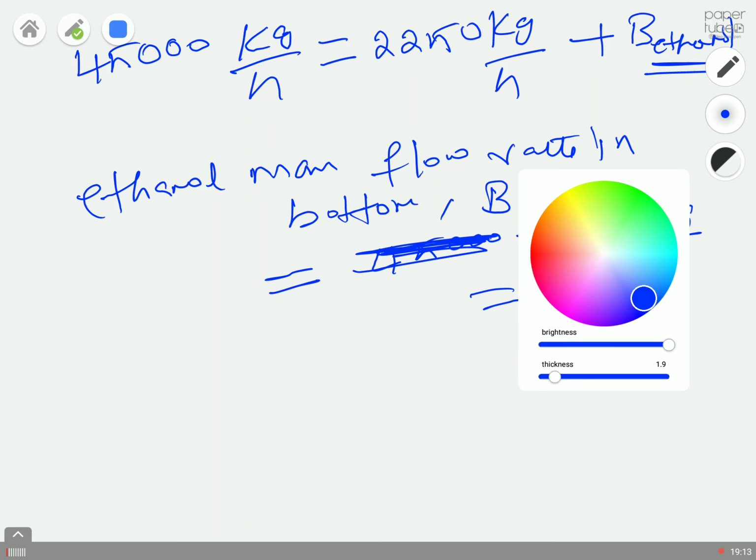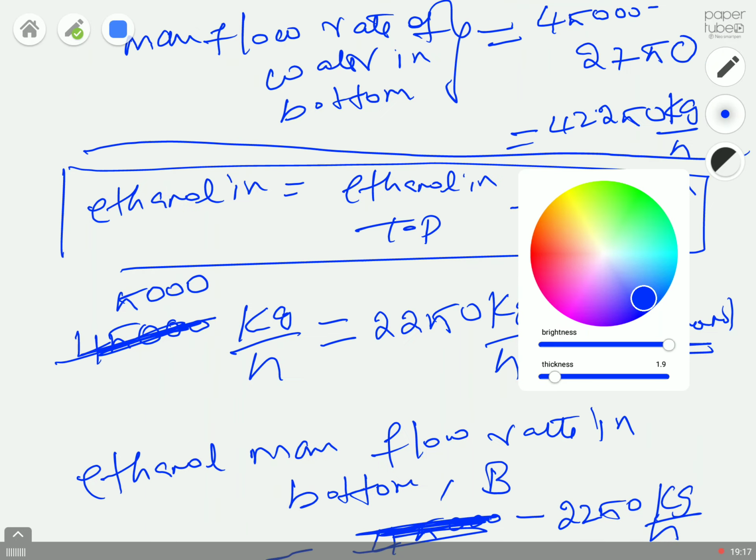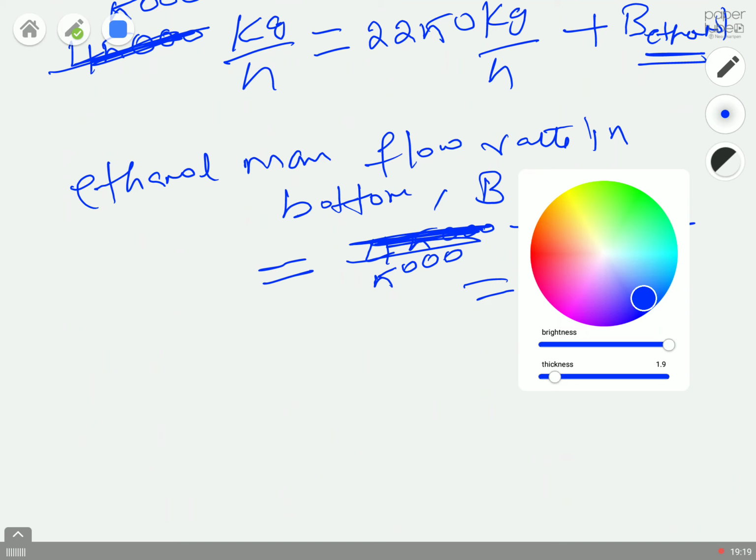Your ethanol content is just 5,000. So that's equal to 5,000 minus 2250. This should be equal to 2750 kilograms per hour. So what I asked is what's the mass of ethanol that you lose in the bottom. So it's equal to 2750 kg per hour.